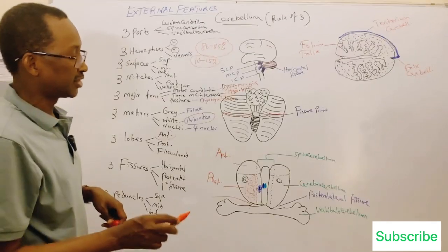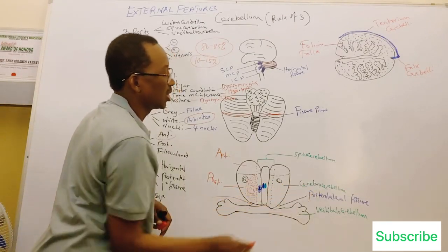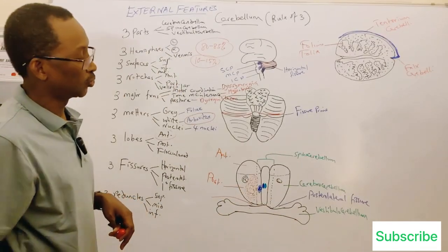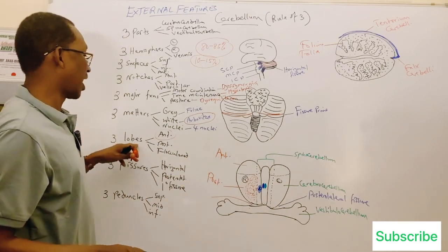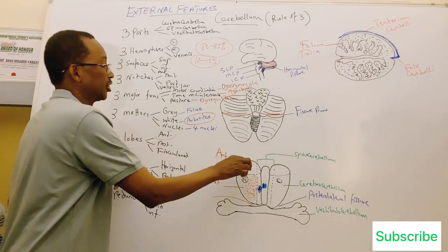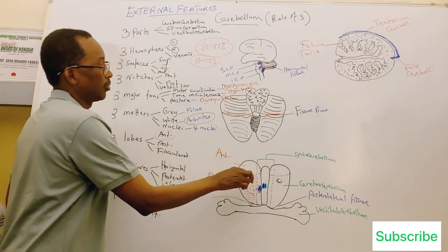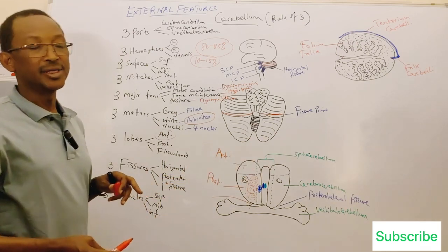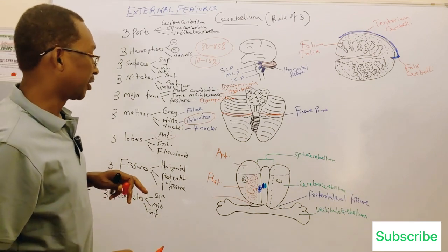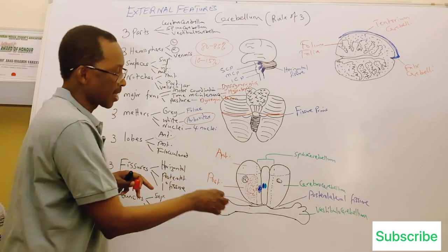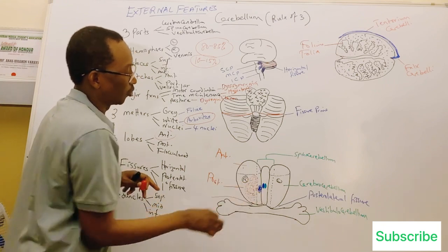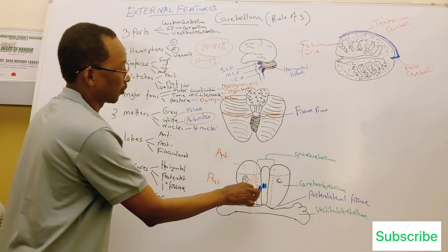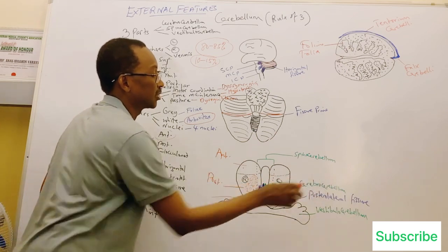It has been stated that this posterolateral fissure is the first fissure that develops during embryology of the cerebellum. So we have seen that the cerebellum has 3 lobes: the anterior lobe and the posterior lobe, separated by the primary fissure, and then the flocculonodular lobe, separated from the posterior lobe by the posterolateral fissure.